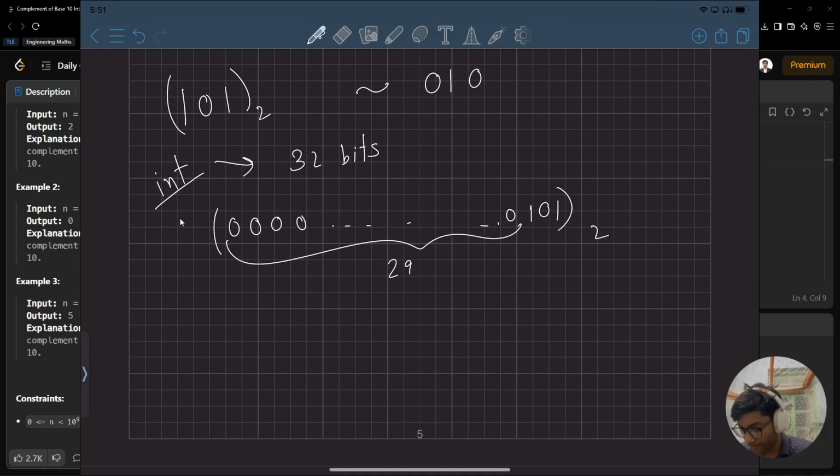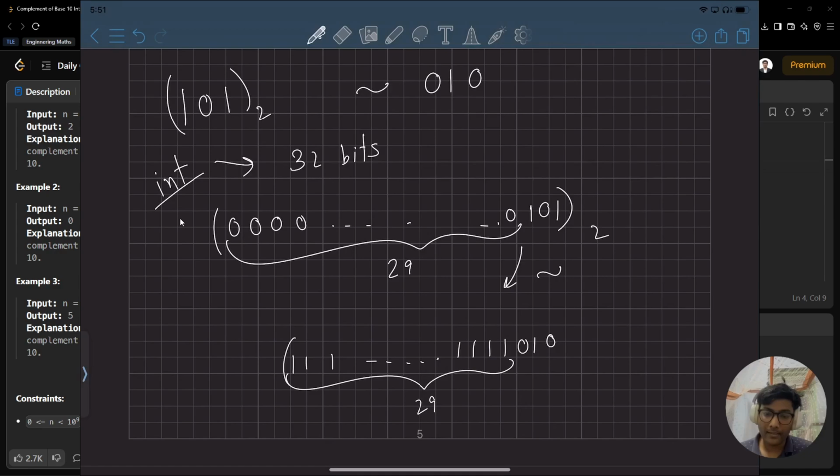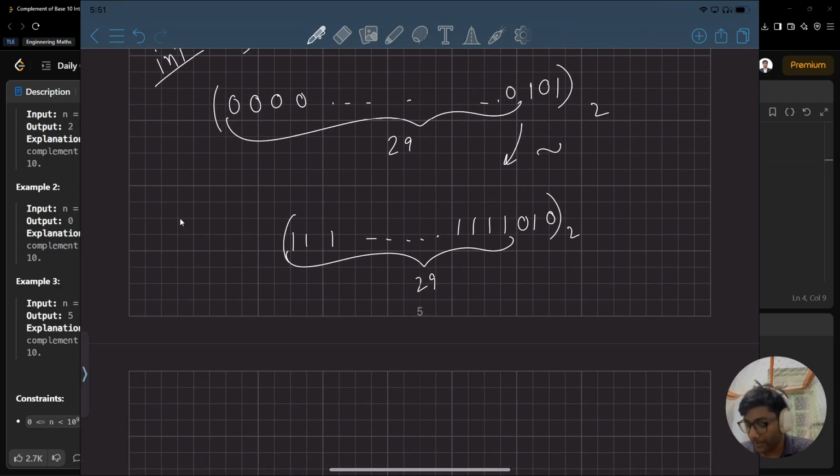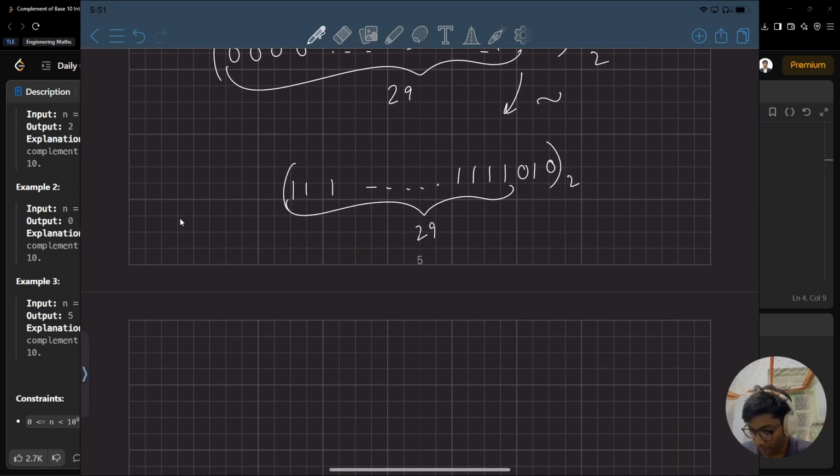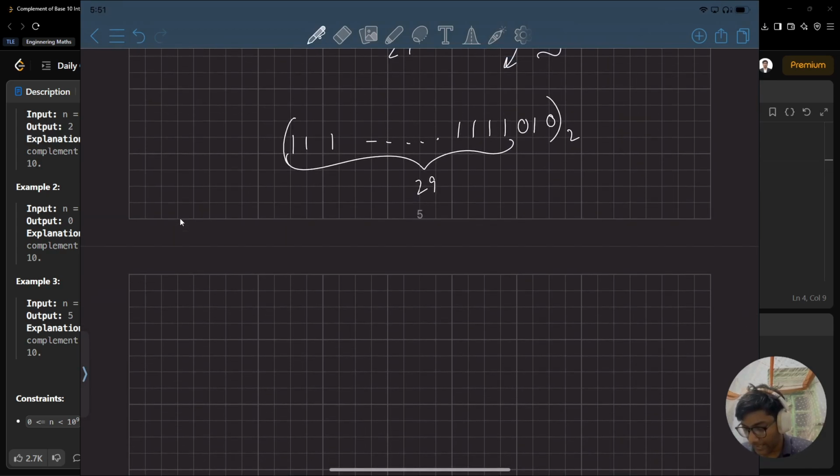If we flip this, or take the not of this, we get 010, but then all of these are 1, 29 ones, I guess. And we represent numbers in 2's complement representation. If the most significant bit is 1, then the number is considered negative in 2's complement.